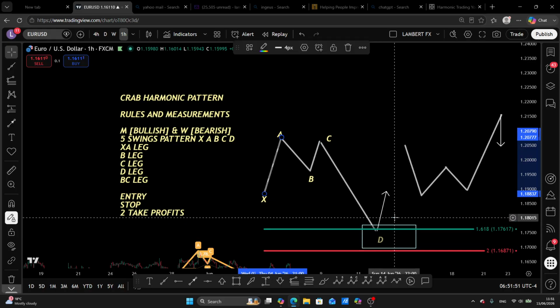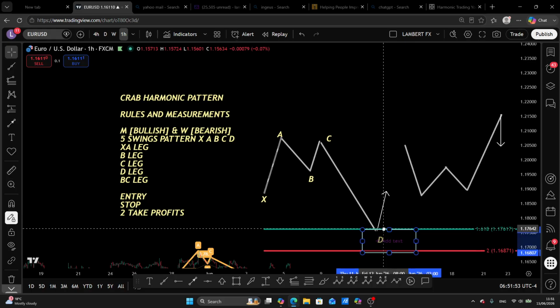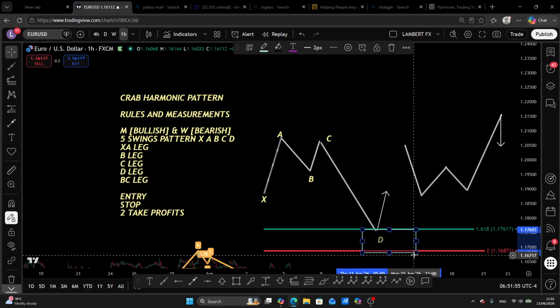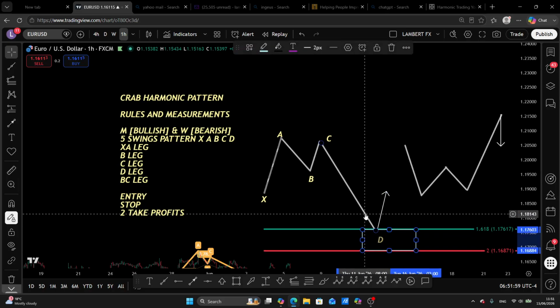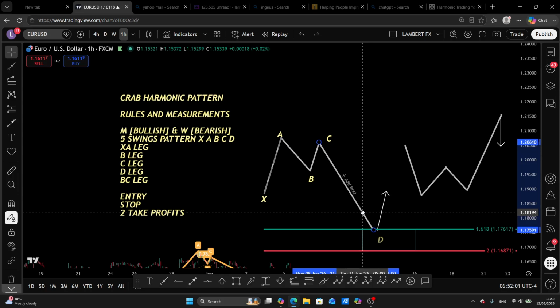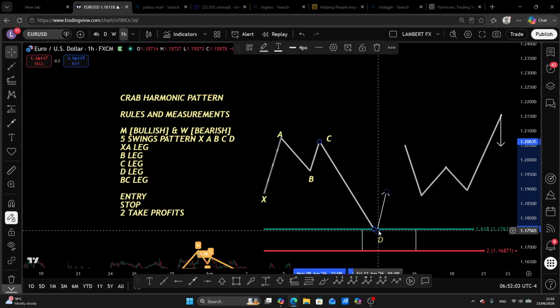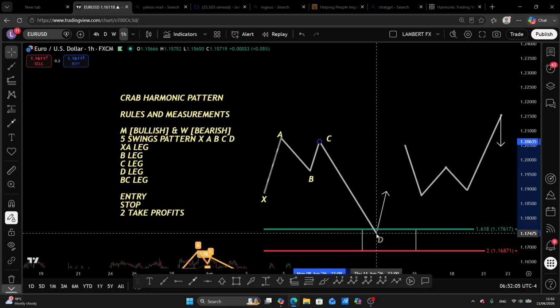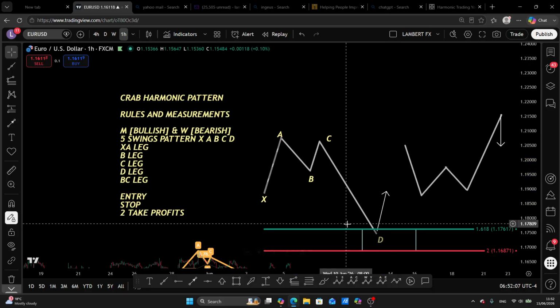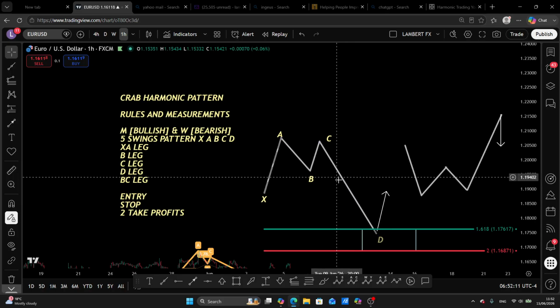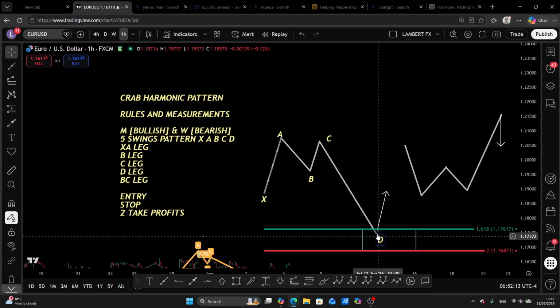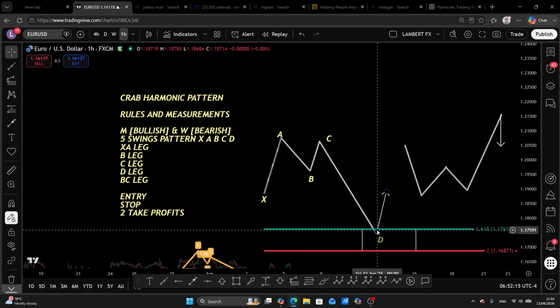So this would be the box where you will look for stabilization once the market is dropping down, to look to go long. With the crab pattern, we expect this leg down to break 1.618.